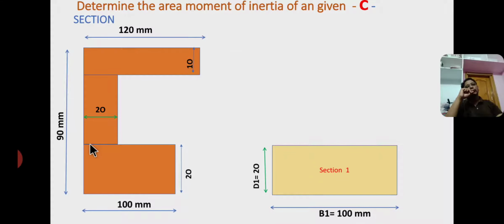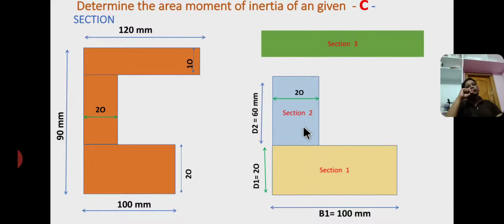Now coming to the next section, the vertical rectangle, I consider it as section 2, having dimensions base b2 equal to 20 mm and depth d2 equal to 60 mm, where suffix 2 refers to section number 2.